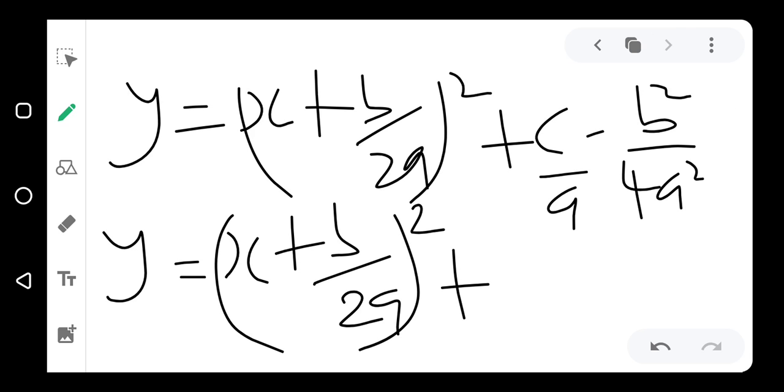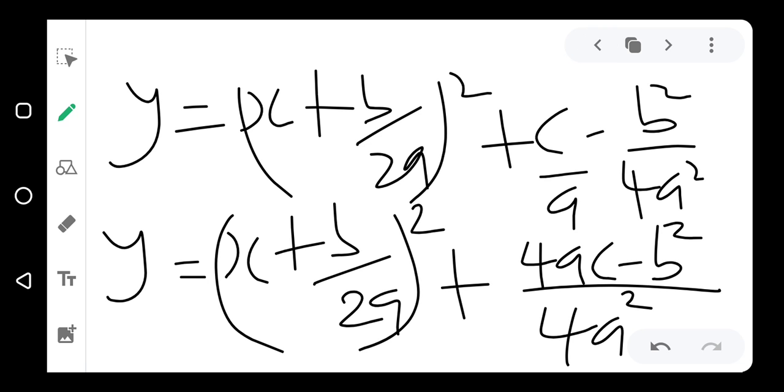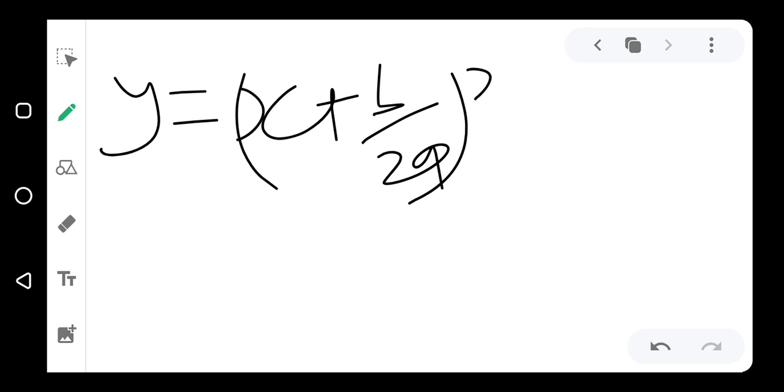So this gives us now LCM for this is 4a squared. We have this divided by this, we have 4ac. Then here we have minus b squared. And so this is going to give us y equal to x plus b over 2a squared.